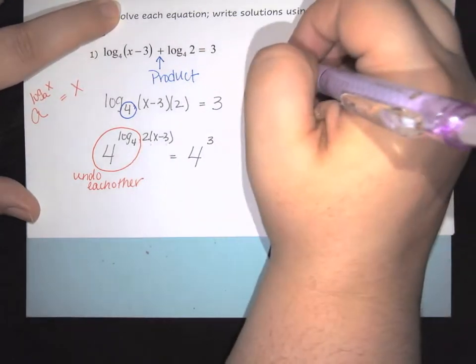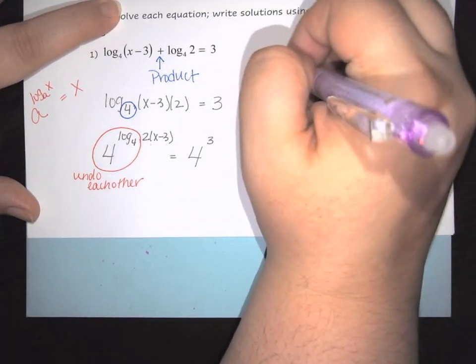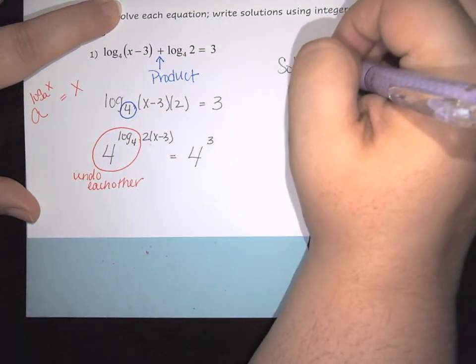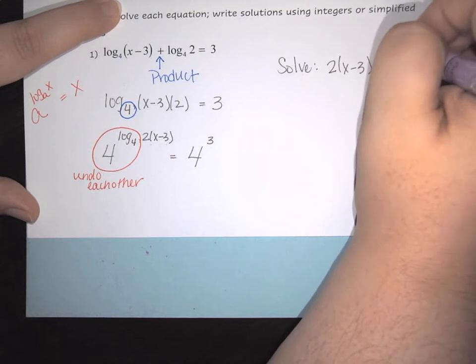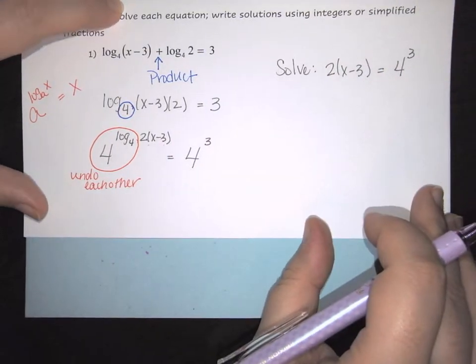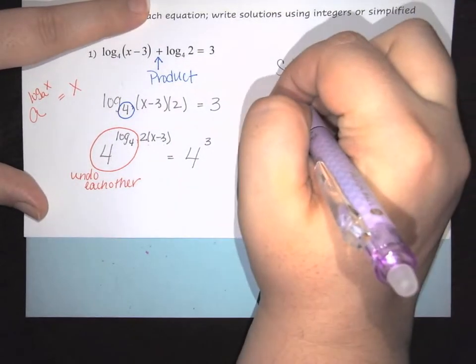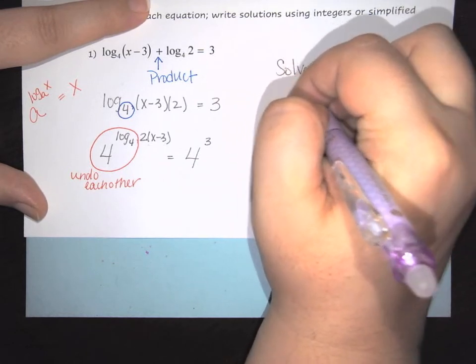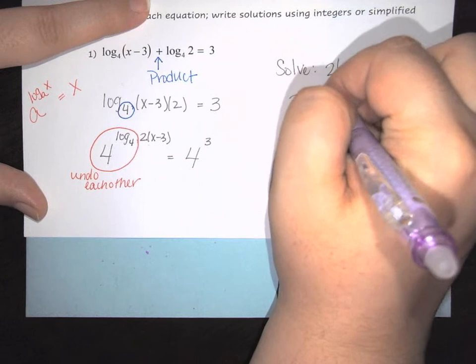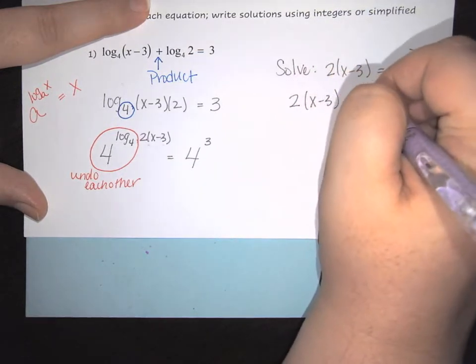So here we're going to end up solving 2 times (x minus 3) is equal to 4 to the third. Here 4 to the third is 64. So we have 2 times (x minus 3) equals 64.